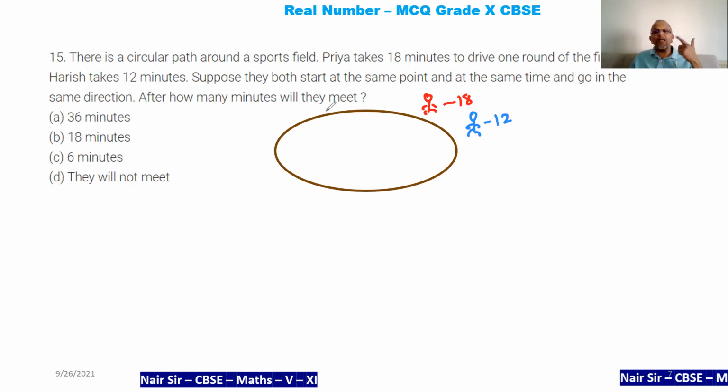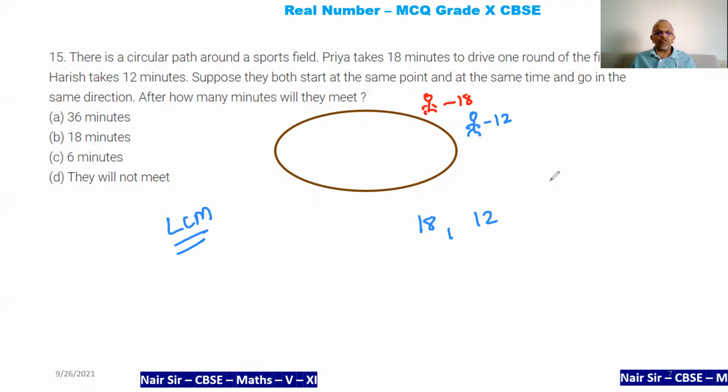After how many minutes? That means 18 is the first and 12 is the second. So the time that they're going to meet will be a bigger number. So in this scenario, I will not find the HCF, I will find the LCM of 18 and 12.